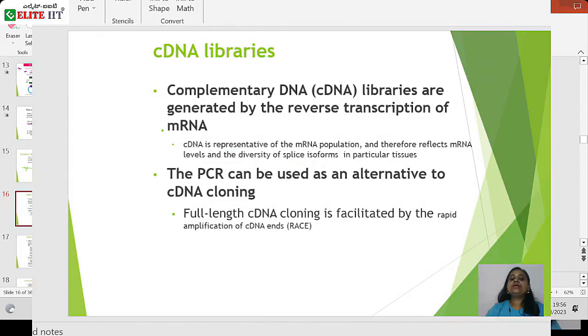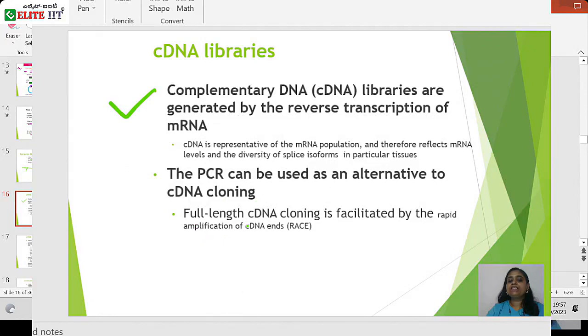Now, direct mRNA cloning is not possible. I told you mRNA cloning means you have to convert it to cDNA, then make it double-stranded DNA, and only then can you insert it into the cloning vector. So in order to do that, you have to make cDNA libraries. Now PCR can be used as an alternative to cDNA cloning.